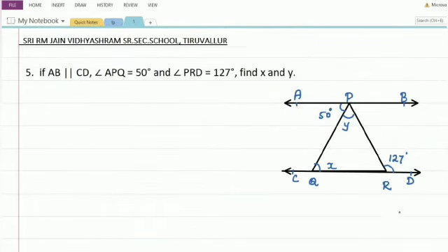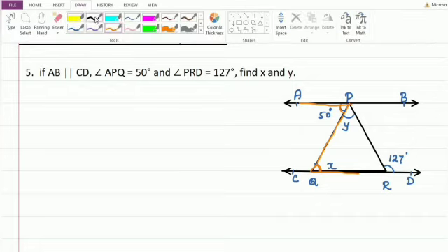If AB is parallel to CD, angle APQ equal to 50 degree, angle PRD equal to 127 degree. Find X and Y. So we have to find X and Y here. In the question itself they have given that AB is parallel to CD. Just look into this line PQ as transversal. Then what about this 50 degree and X, alternate angles are equal.